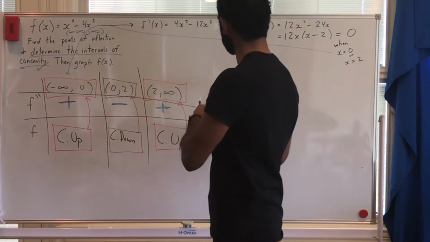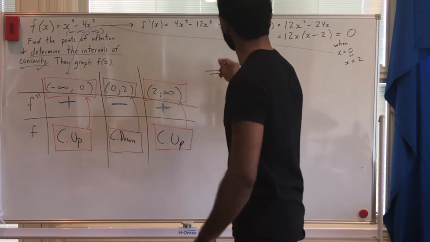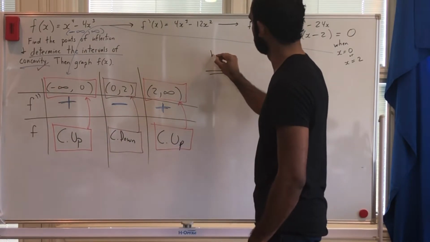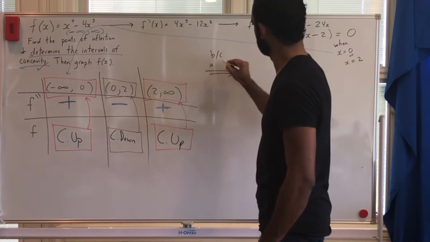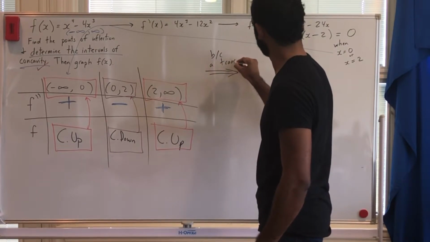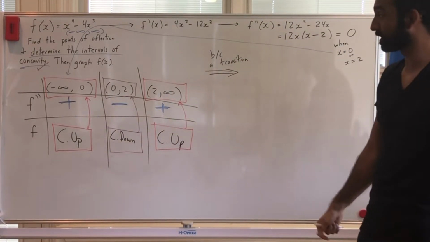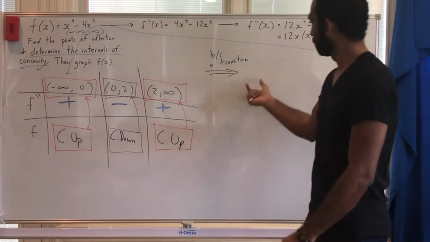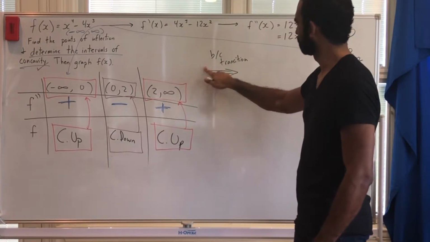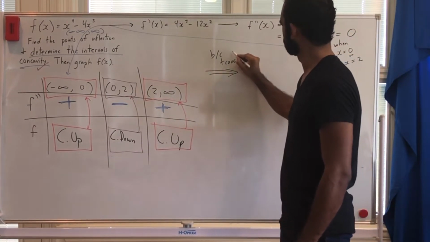So because there is a transition, unlike in the previous example where we had no transition, left to right, here we have transitions galore. We have 2 transitions.